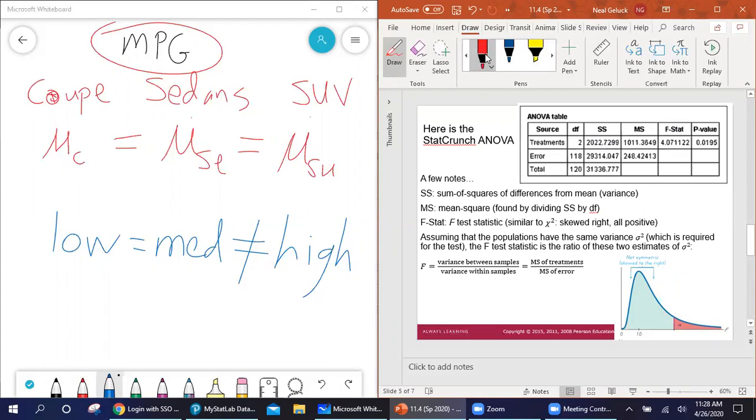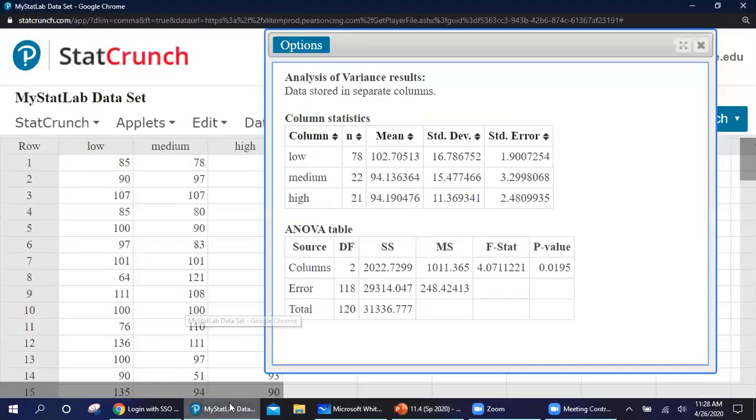So on this problem, let me bring it up in the bigger version again. My degrees of freedom for the columns, there were 3 columns, so the degrees of freedom was 2. It did all this calculation of the sum of squares. It divided the 2022 by 2.